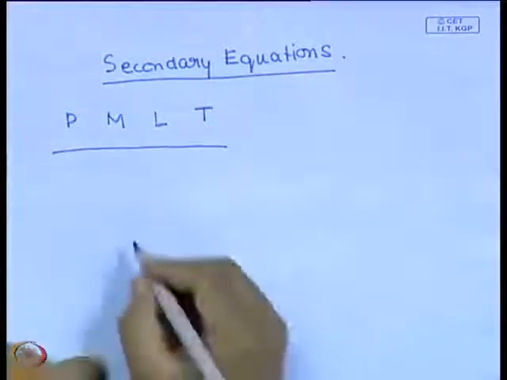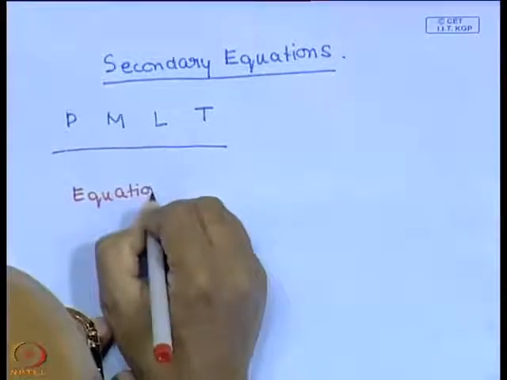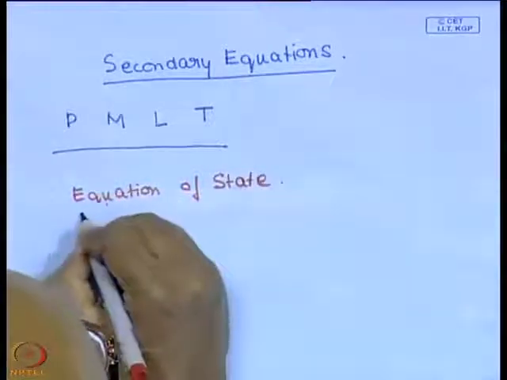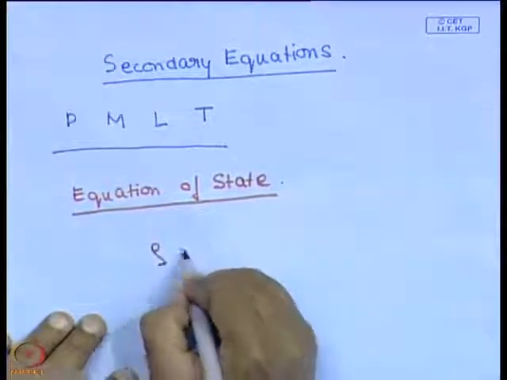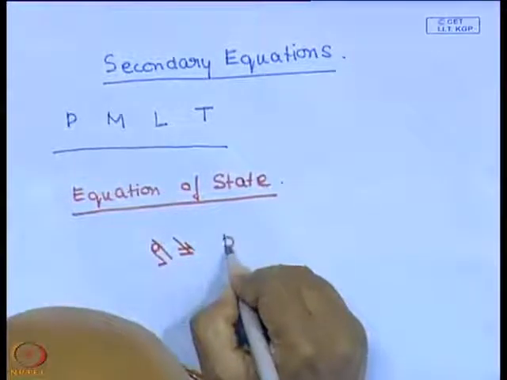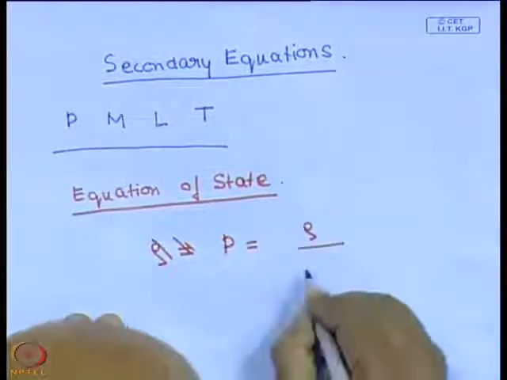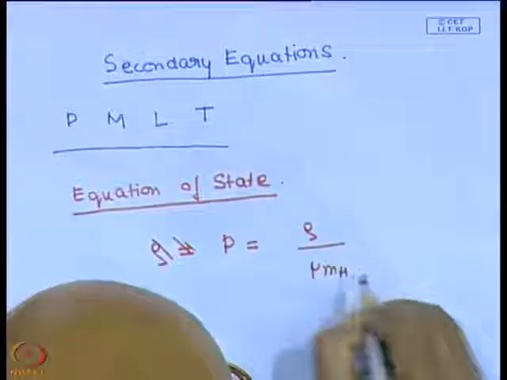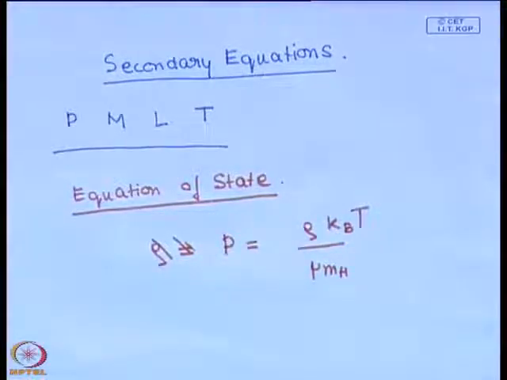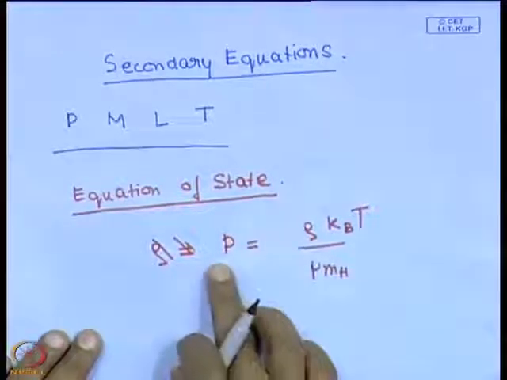The equation of state, I just wrote it down, P is equal to rho by mu mh kBT. You have to use this, right. So, if you use this, then the density is no longer an independent quantity, it depends on the pressure and the temperature.